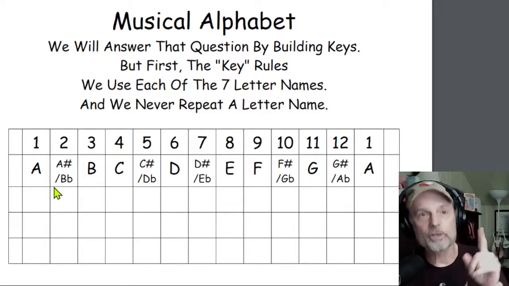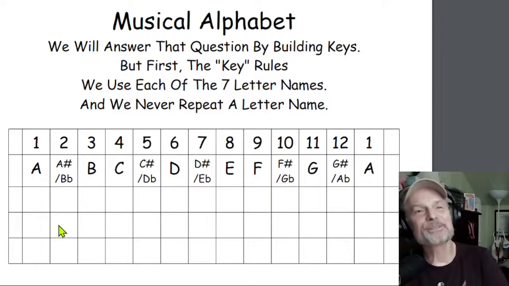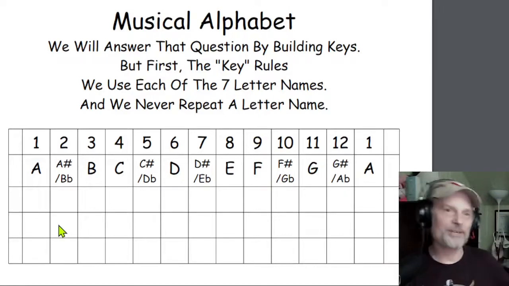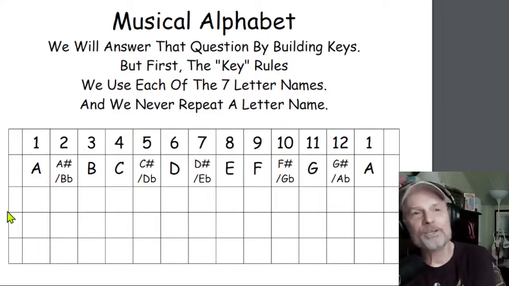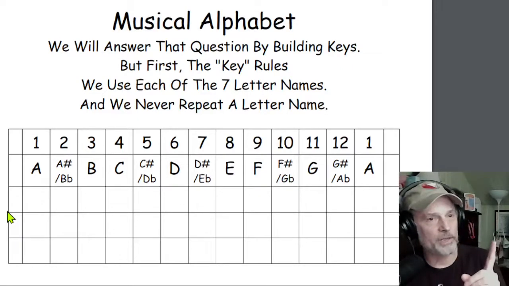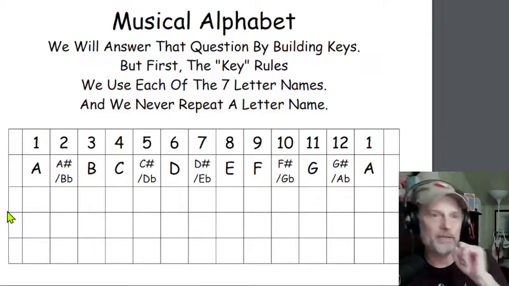But first, the key rules. No, those aren't the most important rules. Those are the rules about keys. We use each of the 7 letter names. We don't skip one. And we never repeat a letter name. So, as we build these, you'll see how that guides us.